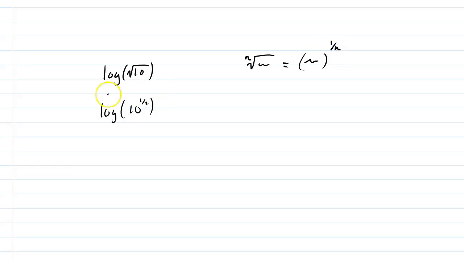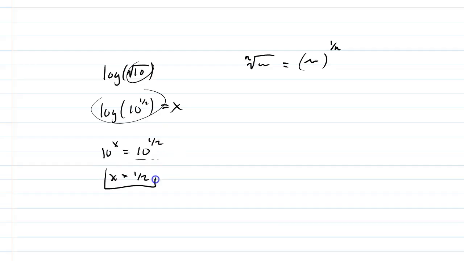So, for the example here with a logarithm, if you set this equal to x and translate 10 to the x equals the stuff inside, x will be 1/2. But if you left it as square root, you would be kind of stuck at this spot here. So just keep that in mind.